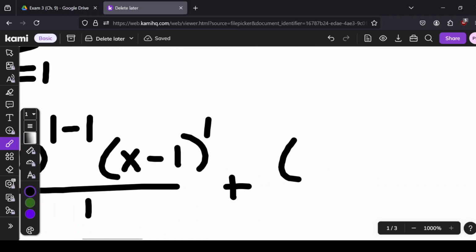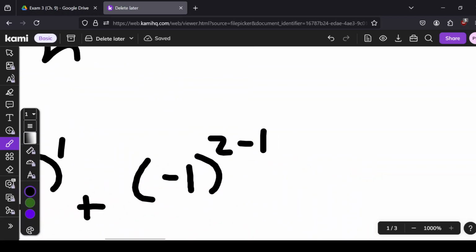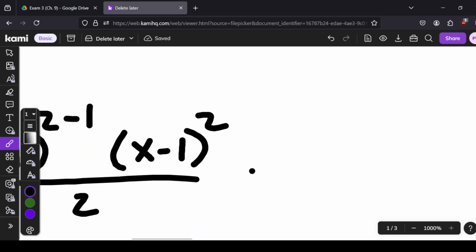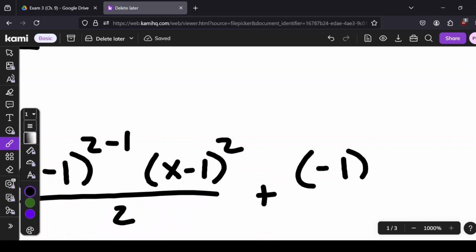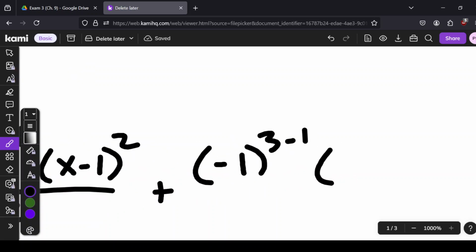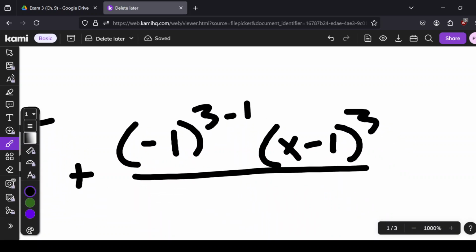Plus -1 to the 2 minus 1 times x minus 1 squared over 2. I guess I'll go to 4, I think. -1 to the 3 minus 1 times x minus 1 to the third.